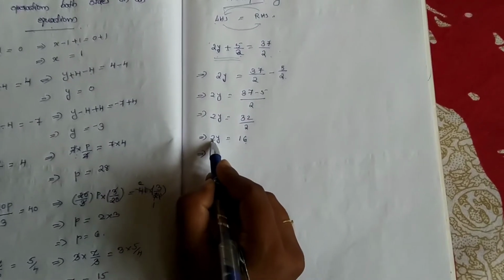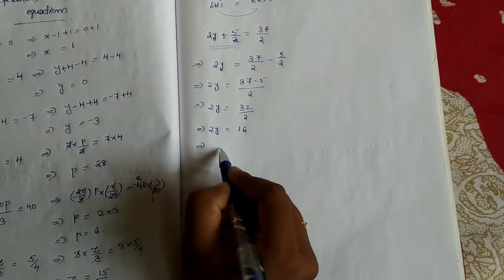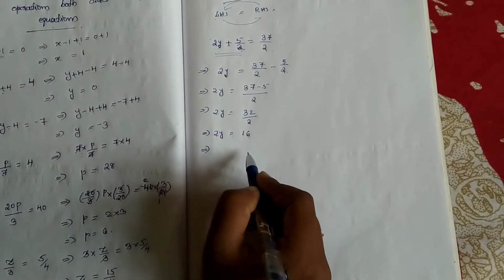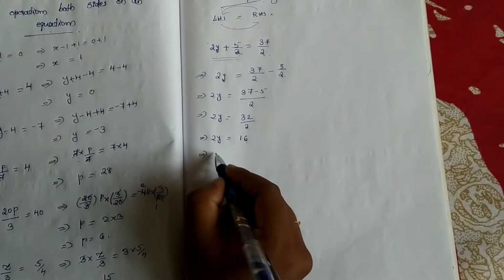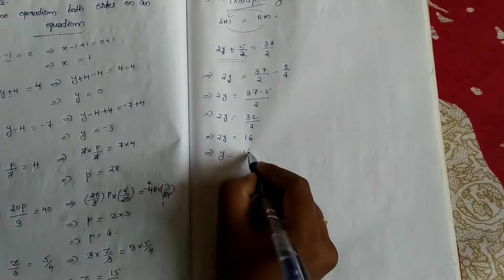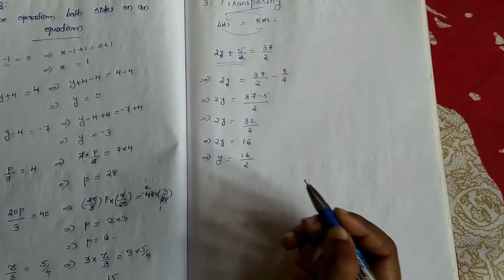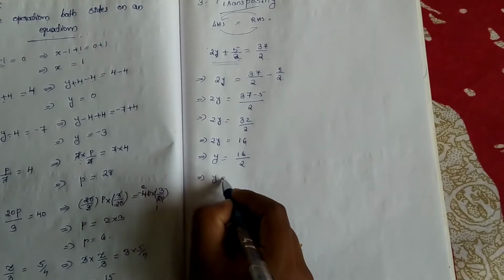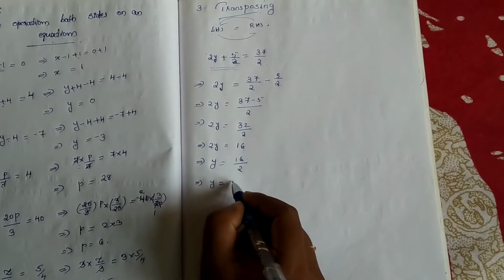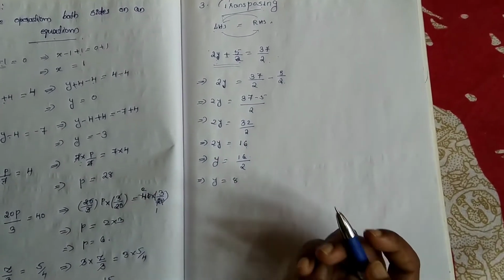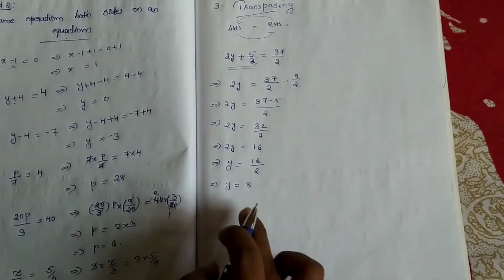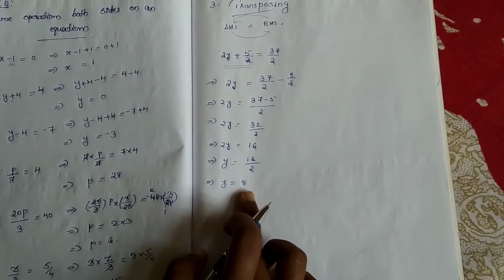How to move? 2 is in multiplication here, so it goes to the right side and becomes division. So y is equal to 16 by 2, that is 8. So the solution of this equation is y is equal to 8.